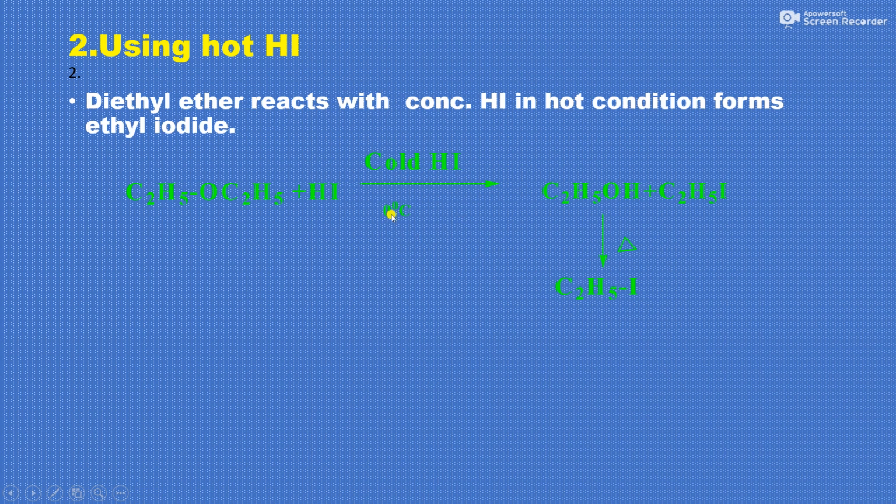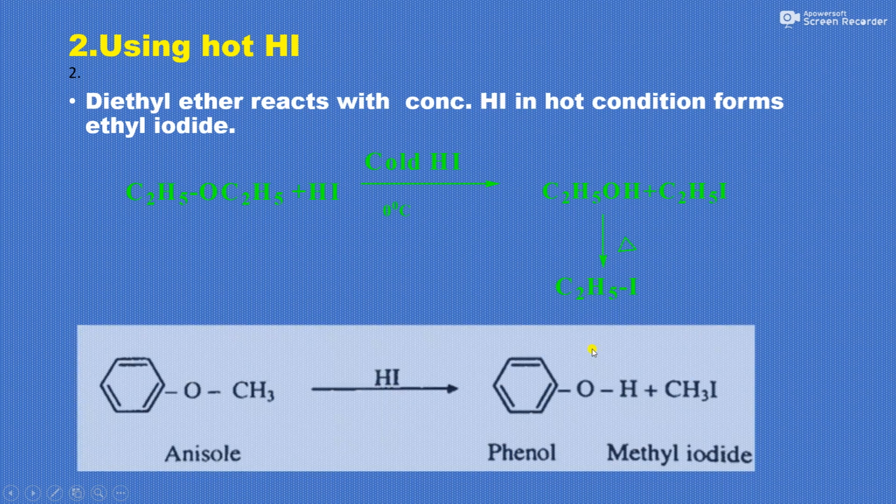At cold condition at 0 degrees Celsius, it gives ethyl alcohol and ethyl iodide. But once these products are formed, when heated, we get ethyl iodide, and this ethyl iodide is the final product in this reaction.